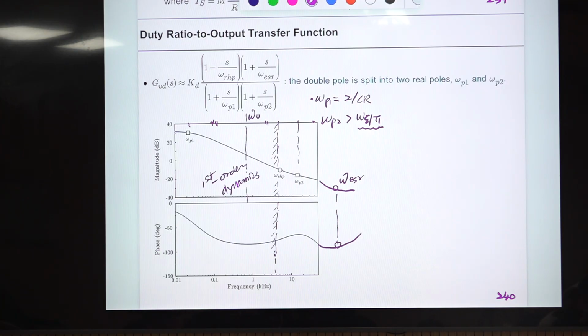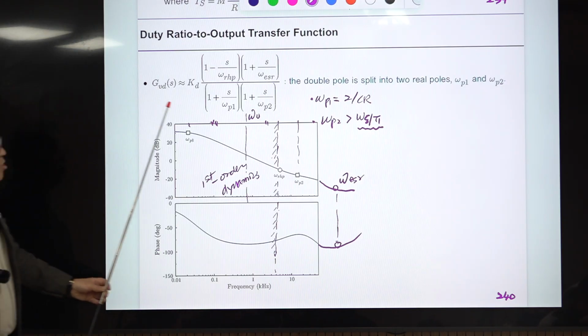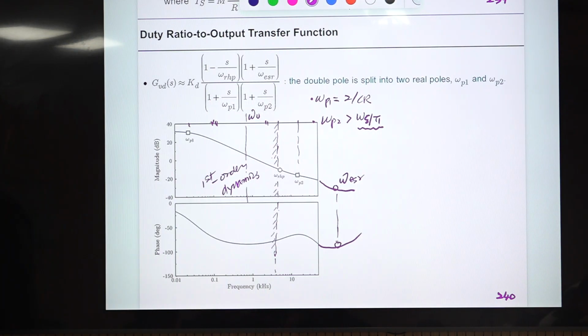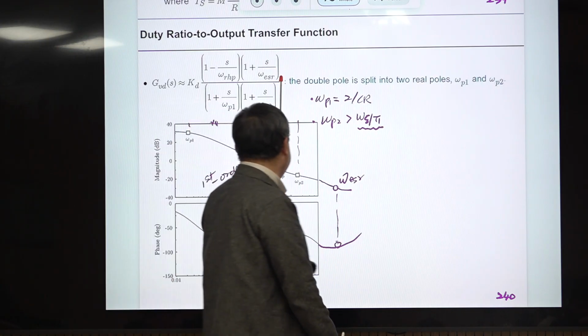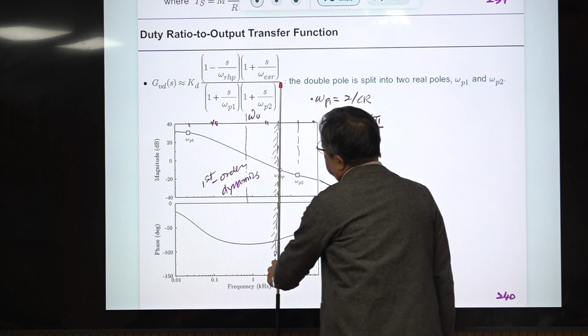The high frequency behavior is something similar to this, but the frequency is so high that the modeling approach is probably not valid there. So forget about this one. We are interested in this region.